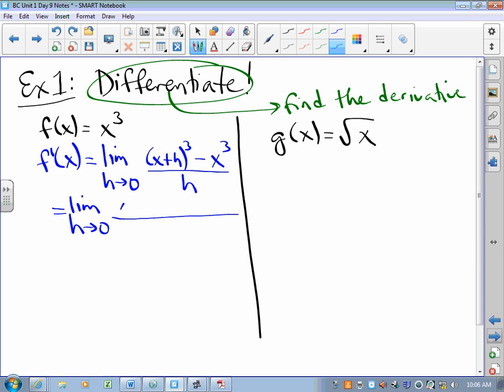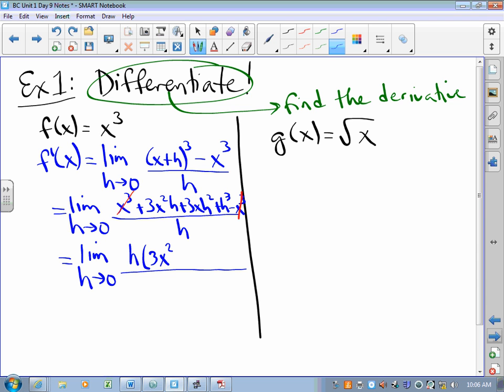x plus h cubed is x cubed plus 3x squared h plus 3x h squared plus h cubed. Love the binomial expansion theorem. The x cubeds drop out like you wish you could. Luckily, everybody that's left has an h in him.